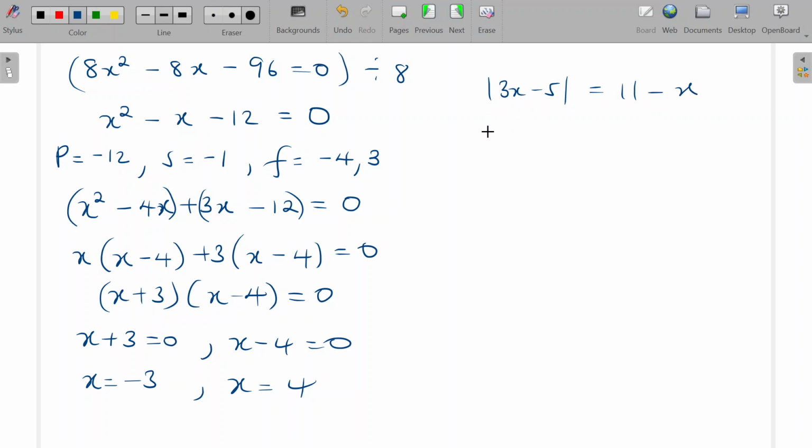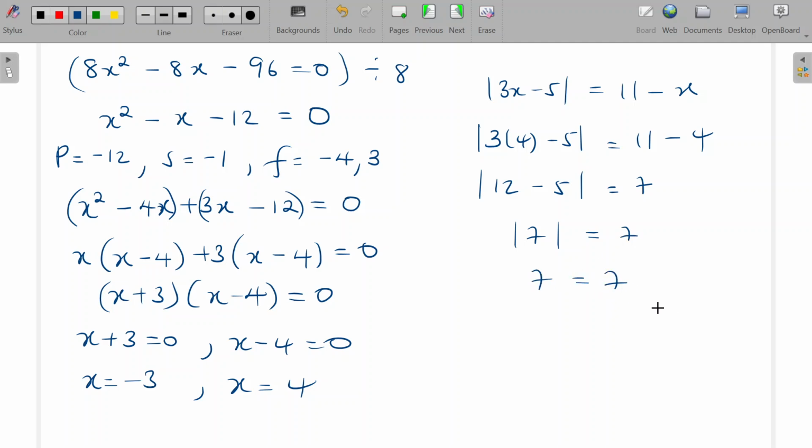So you get the 3, you have modulus of 3, then you get the 4, you plug in there, minus 5 is equals to 11 minus 4. So you're going to get 12 minus 5, is equals to 7. So 12 minus 5, it will be 7, and then it goes to 7. So 7 is equals to 7.